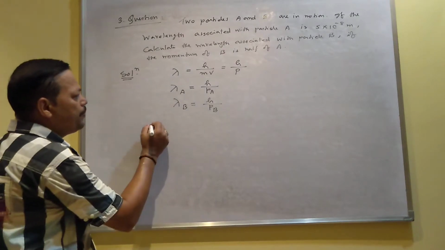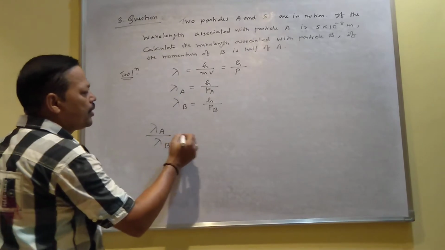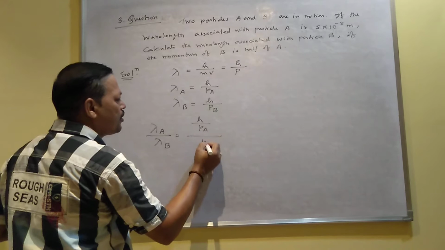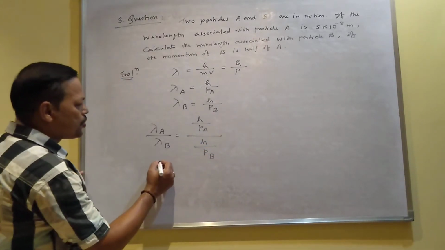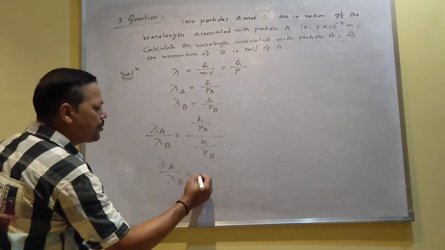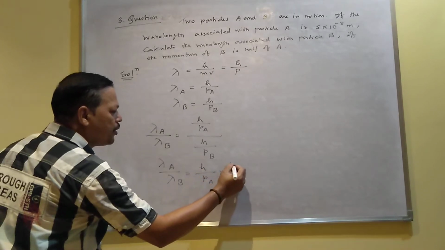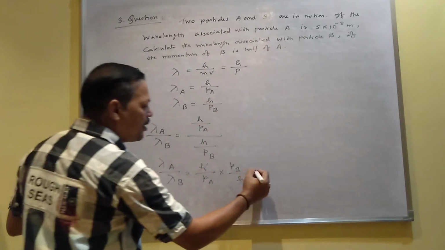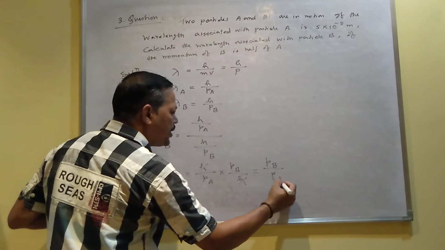So now if you do lambda A by lambda B, you will get h by pa divided by h by pb. So lambda A by lambda B equals h by pa into pb by h. Ultimately h will be cancelled, so you can write pb divided by pa.